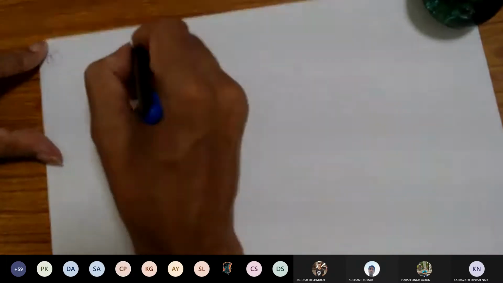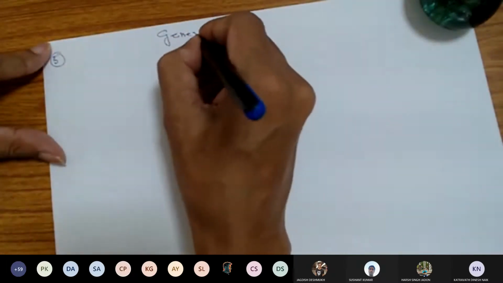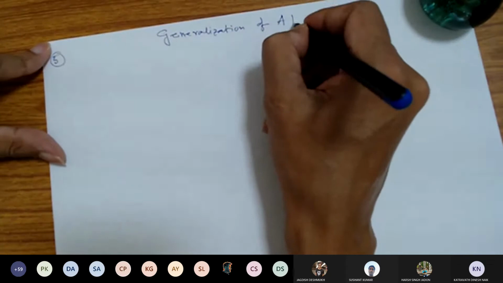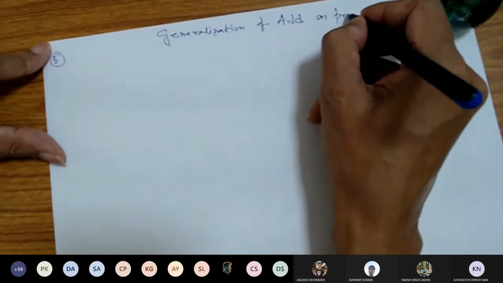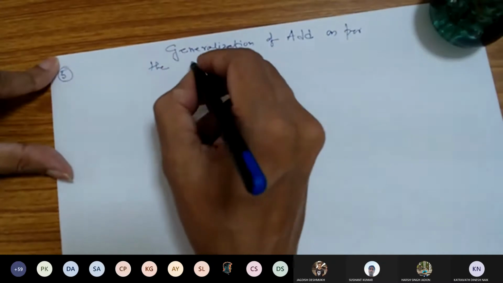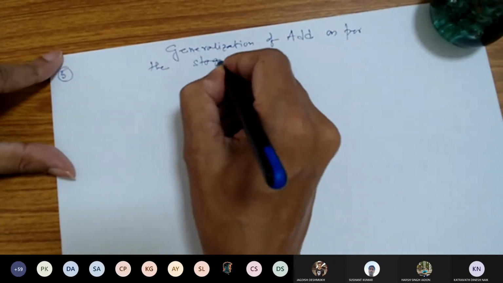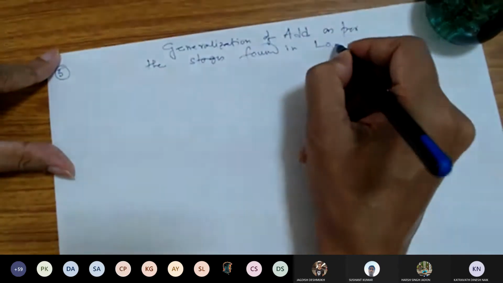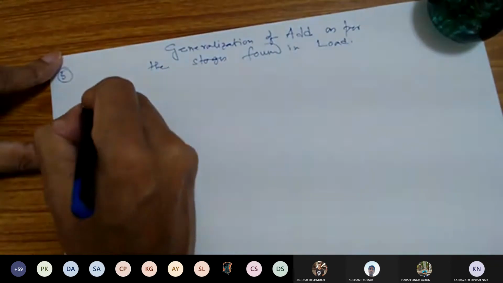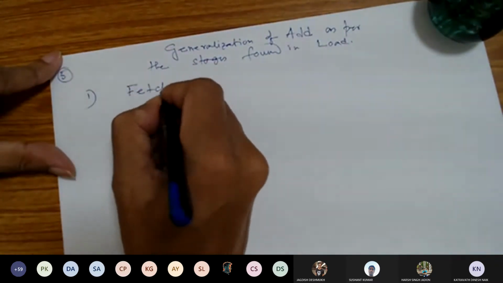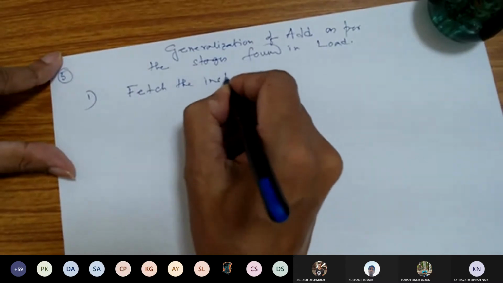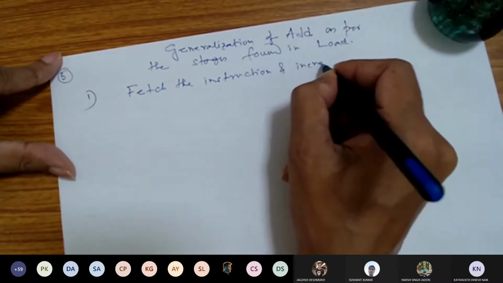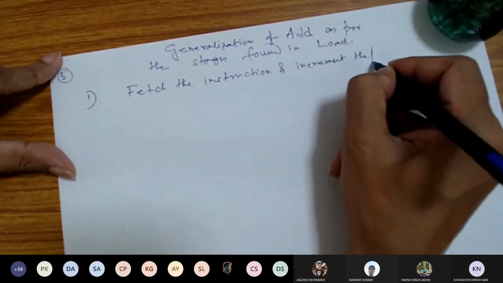The generalization of add as per the stages found in load: the first one will be fetch and increment the PC.